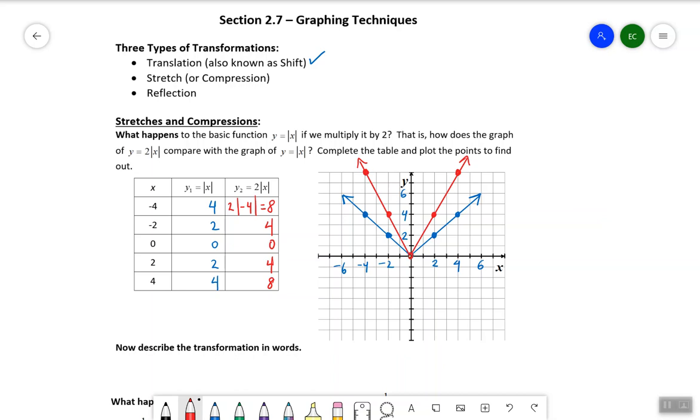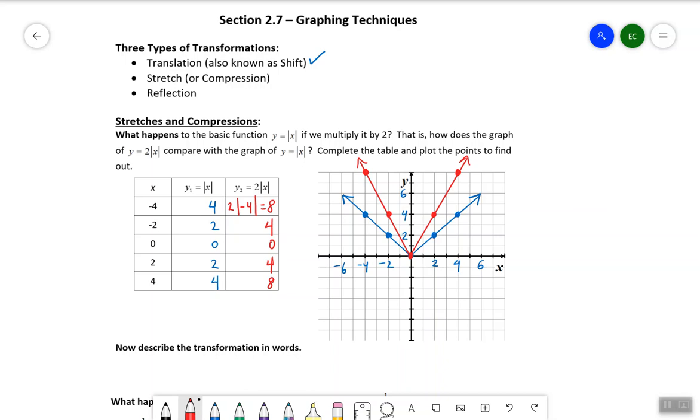The point that was on the x-axis there at the origin stayed fixed, but all the points above the x-axis got pulled further away, and if there were points below the x-axis, they would get pulled further away from the x-axis as well. They would get pulled down the same way the points above the x-axis are pulled up. So we'll see that again in a few minutes.